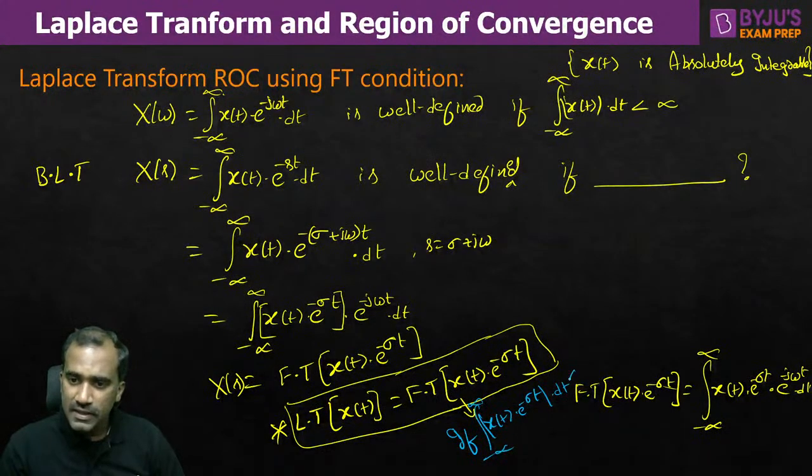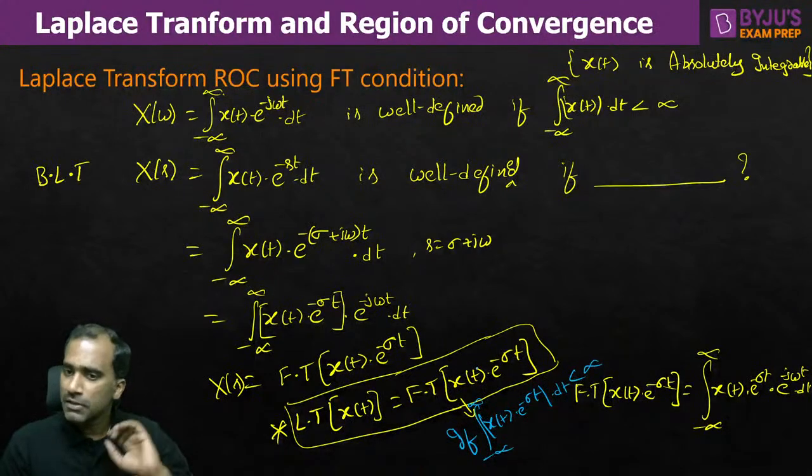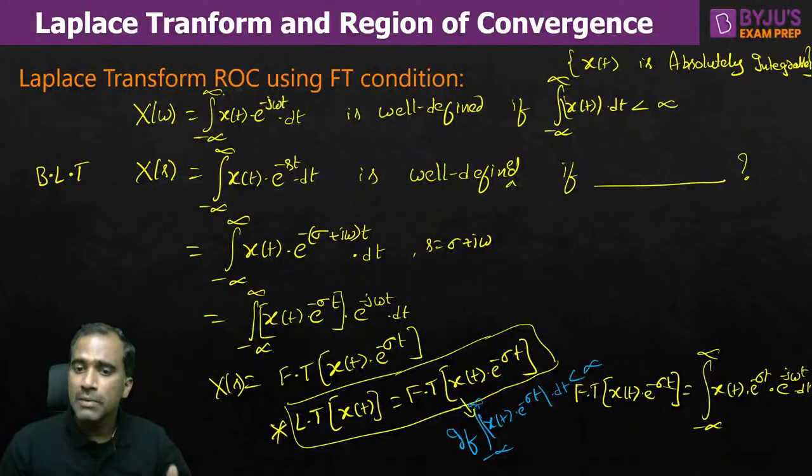If this signal is satisfying the absolute integrability condition, not x of t, but absolute integrability of x of t into e power minus sigma t, then Fourier transform of this is well defined, which means it will not take infinite values. If the right hand side is well defined, the left hand side also will be well defined, correct?